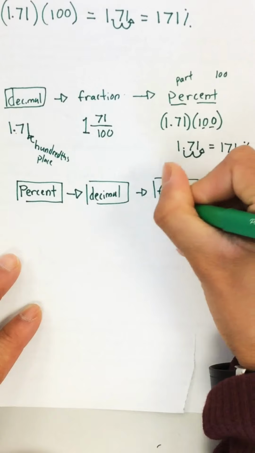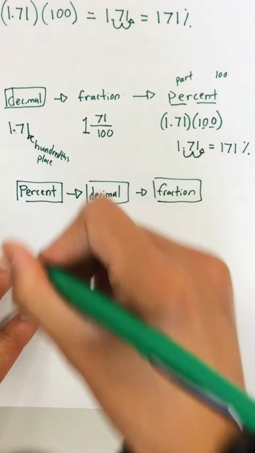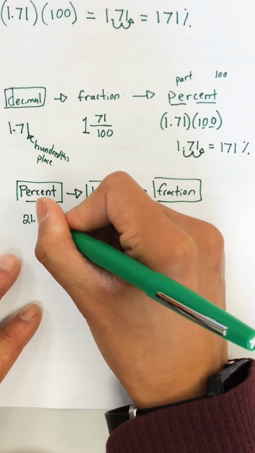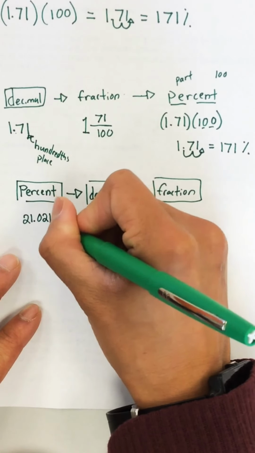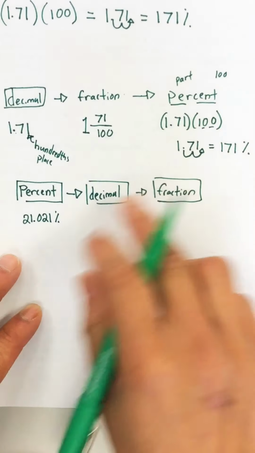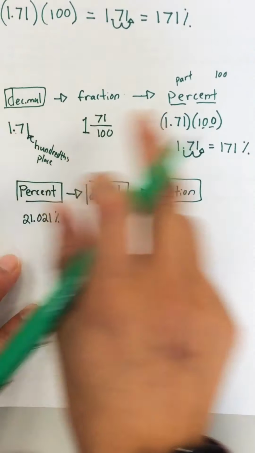Okay, so if I have a percent, let's say I have 21.021%. For some reason, it looks like this. Okay? In order to convert this into a decimal, what I do is I do the opposite of what I would do to convert a decimal to a percent.